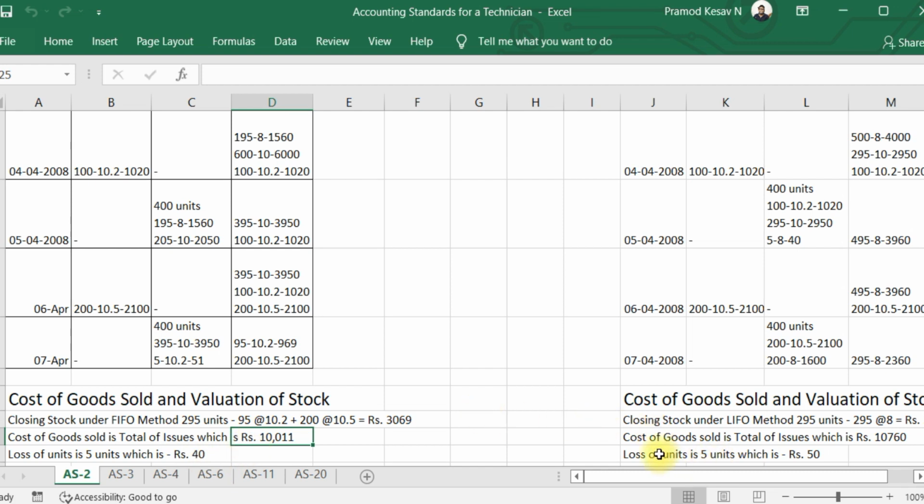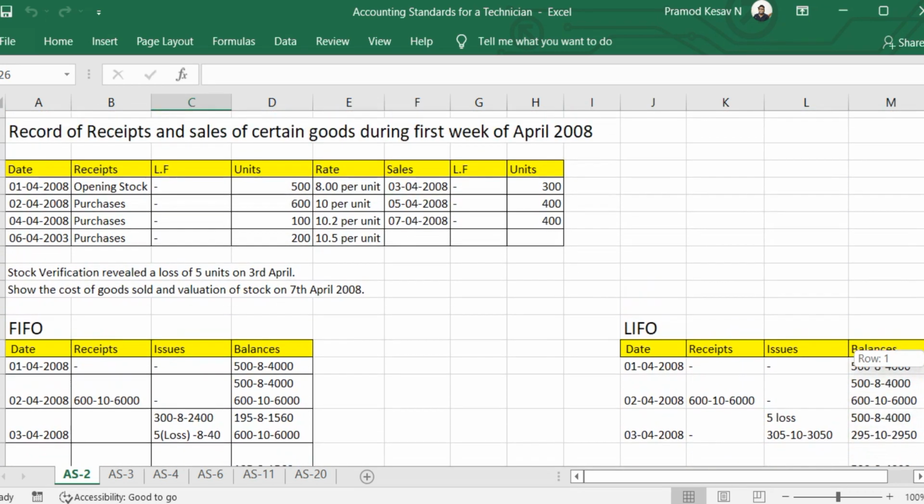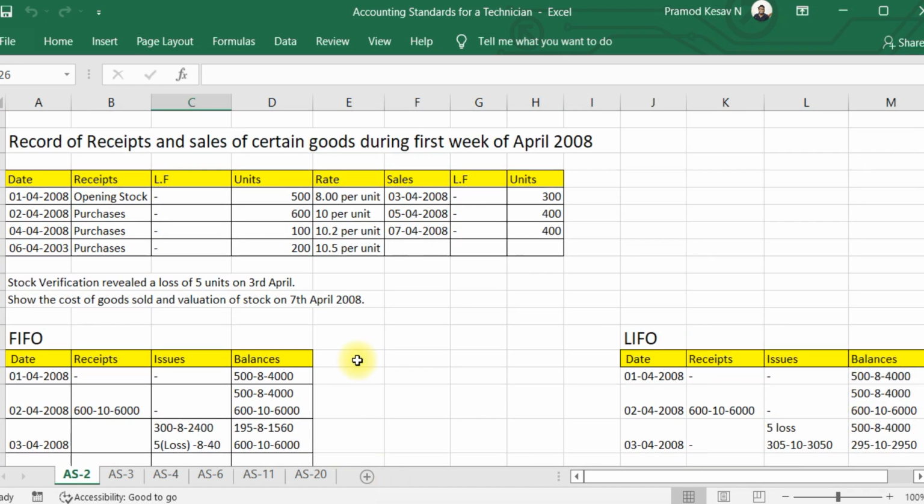Loss of units remains the same, but the pricing would be different for whatever is remaining. So this is basically LIFO and FIFO, and how we consider the records from the balances and deduct the issues or sales which we have made from the units.